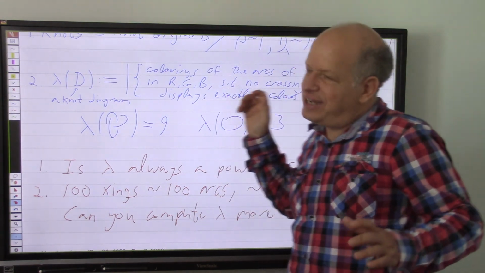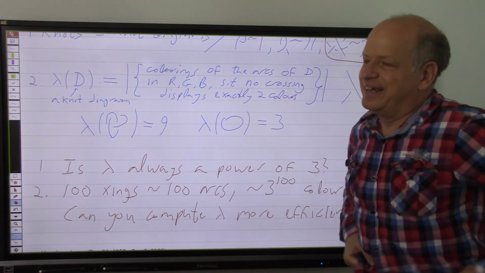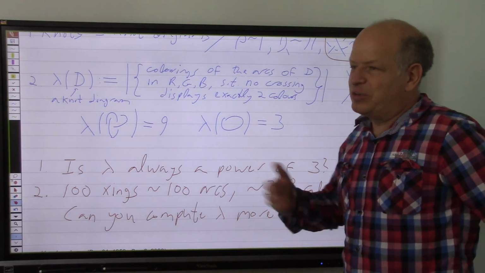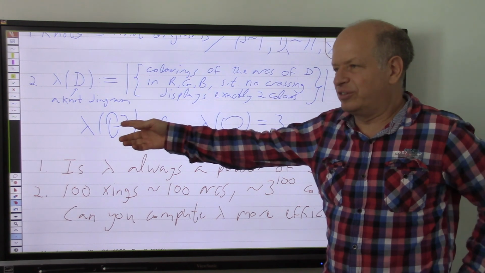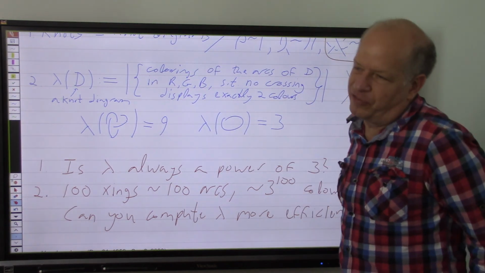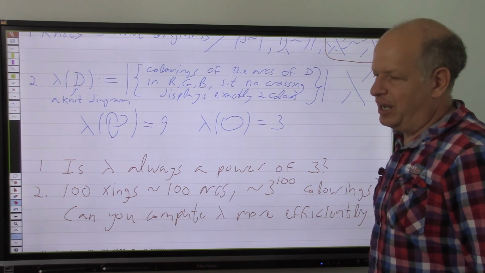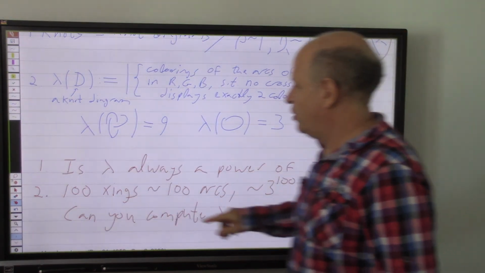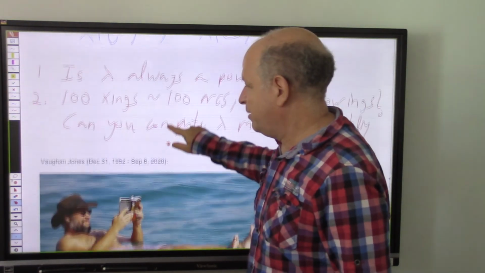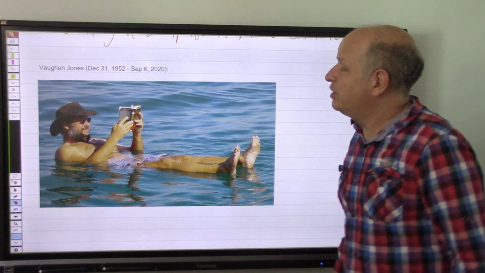And then occasionally there is a knot where the value is 27, okay? But that means that you really can't tell knots apart using it. For example, you cannot tell the mirror of the trefoil from the trefoil because they have clearly the same three colorings, okay?